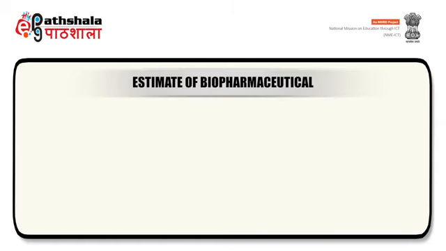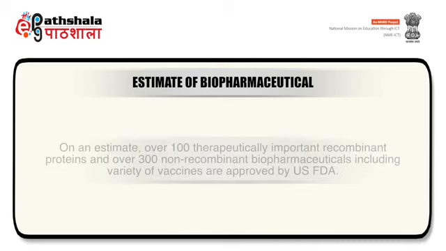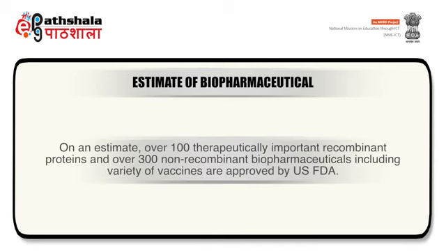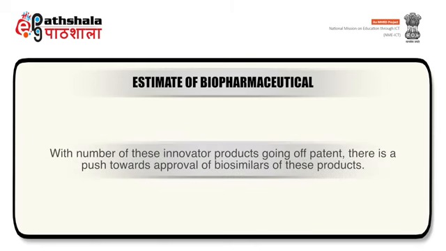Now, we will explain something about the market estimate of these biopharmaceutical products. Around 100 recombinant technology-based proteins have been approved by regulatory agencies worldwide, like the US FDA and EMEA, and these numbers are on the rise. With the number of these innovative products going off patent, there is a push towards approval of biosimilars of these products.